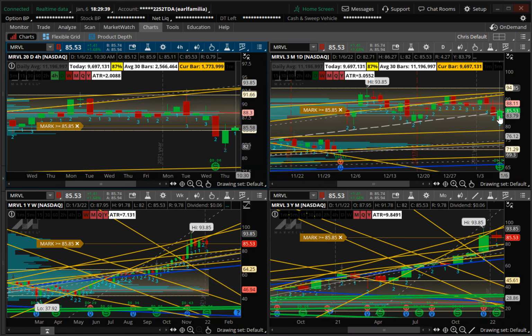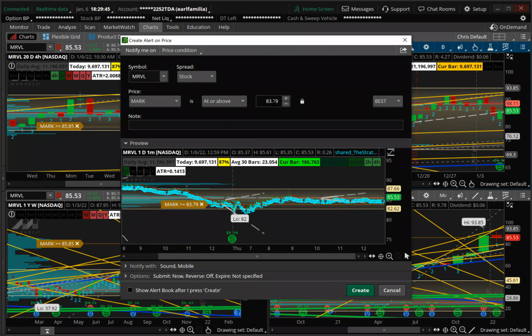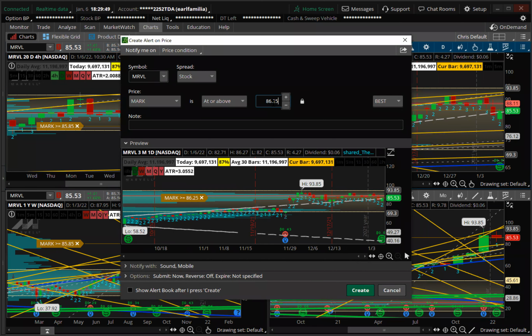I like the 2-2 rev on the day. I like that. 86.27 is our level for entry on the day. 86.25 for my alert level.